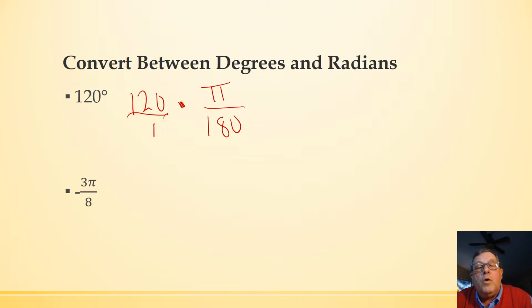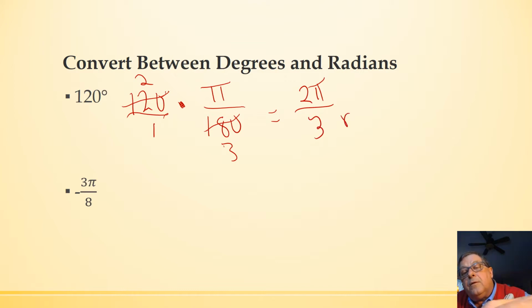Both 120 and 180 are divisible by 60, because 12 and 18 are divisible by 6. So 60 into 120 goes 2 times, and 60 into 180 is 3 times. And so when we multiply this conversion ratio out, converting 120 degrees into radians would equal 2 pi over 3 radians.